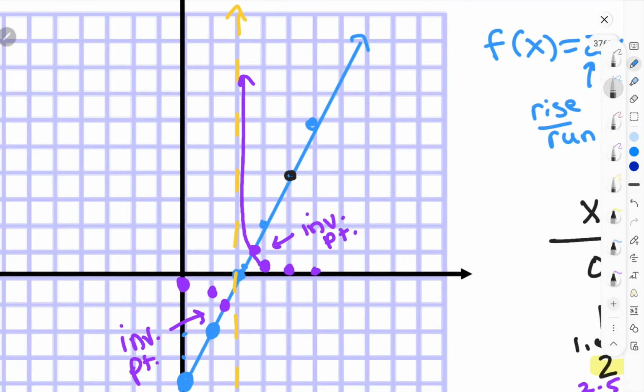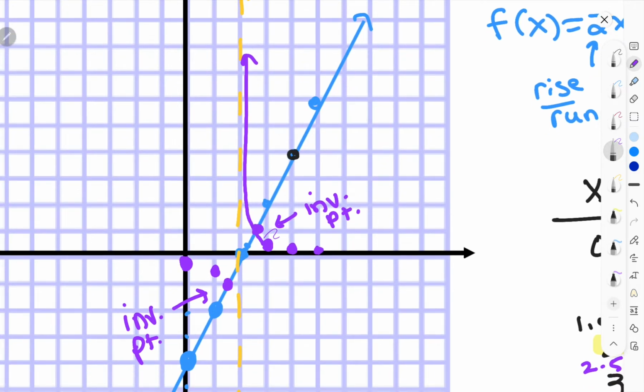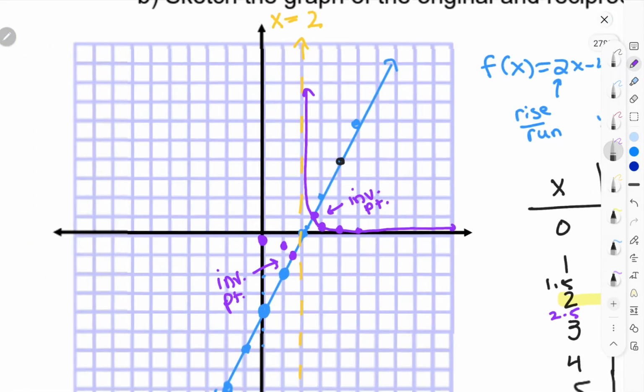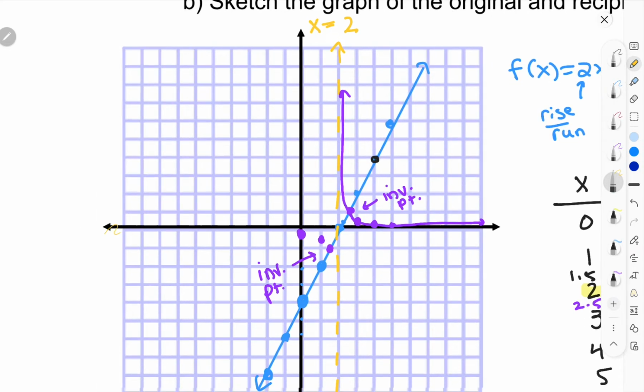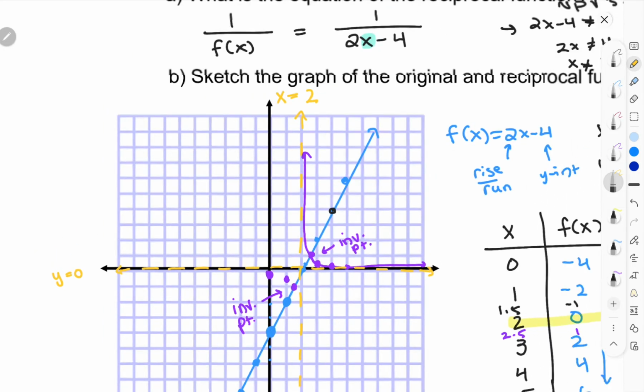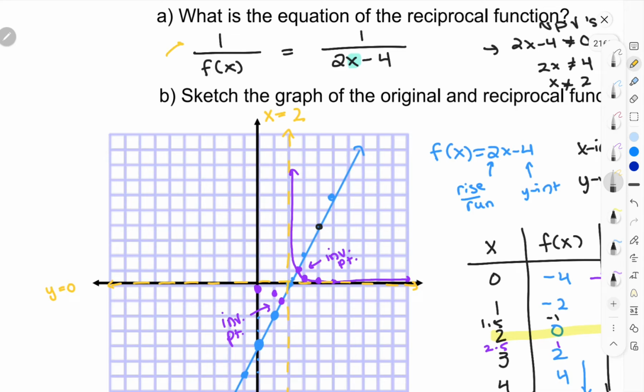So I see that I'm curving up and I hug that asymptote. What's going to happen on the other side is I'm going to curve down and I'm also going to hug what I have as a horizontal asymptote. So I actually have a dotted horizontal line here too. And this is not because of a non-permissible value, but comes from the fact that if I have a fraction and my numerator is 1, the only way to ever get a y value of 0 is to have a numerator of 0.